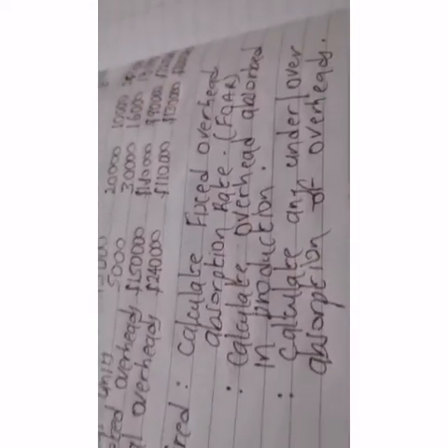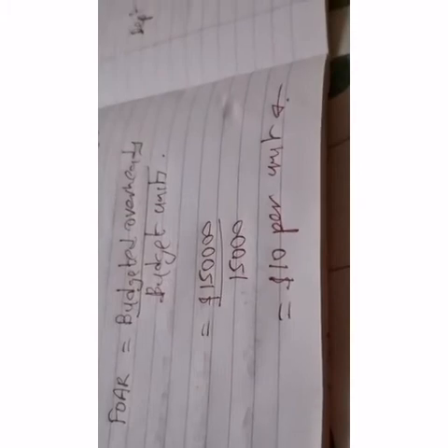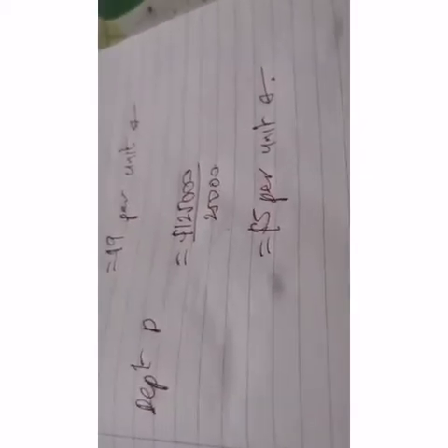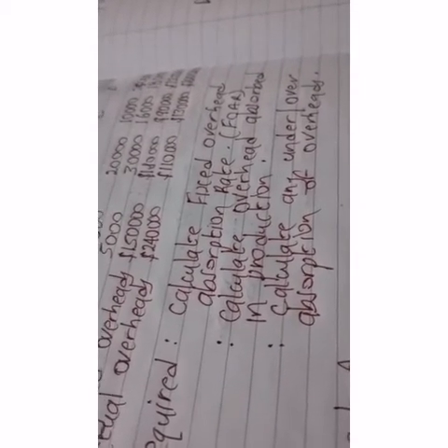Now let's see, we have calculated for Department A $10 per unit, for Department B $9 per unit, for Department C $9 per unit, and then for Department D $5 per unit. Now we have to calculate overhead absorbed in production. So what is the formula to calculate overhead absorbed in production?